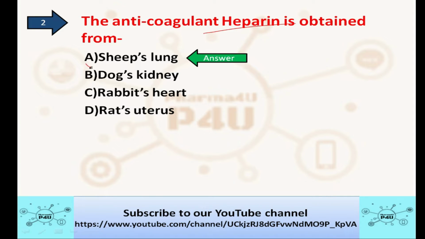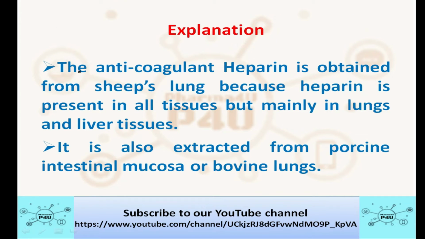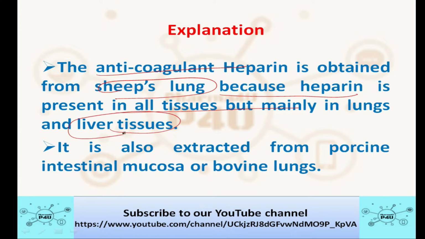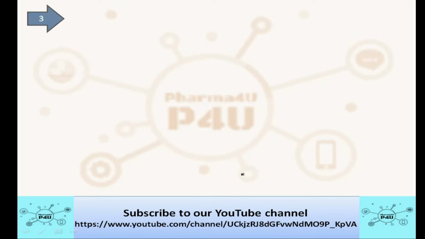Now moving on to the explanation: heparin is present in all tissues, but mainly in lungs and liver tissues. It is also extracted from porcine intestinal mucosa or bovine lungs. Now moving on to the next question.